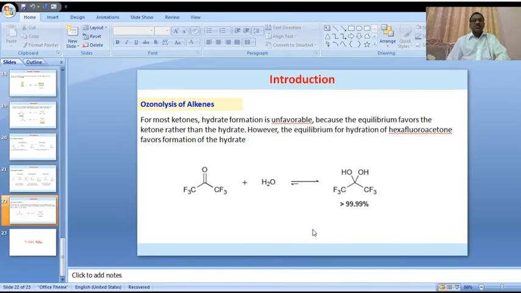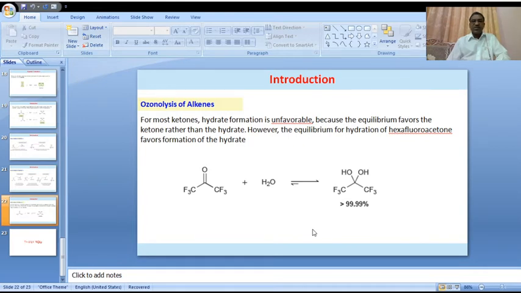For most ketones, hydrate formation is unfavorable, because the equilibrium favors the ketone rather than the hydrate.